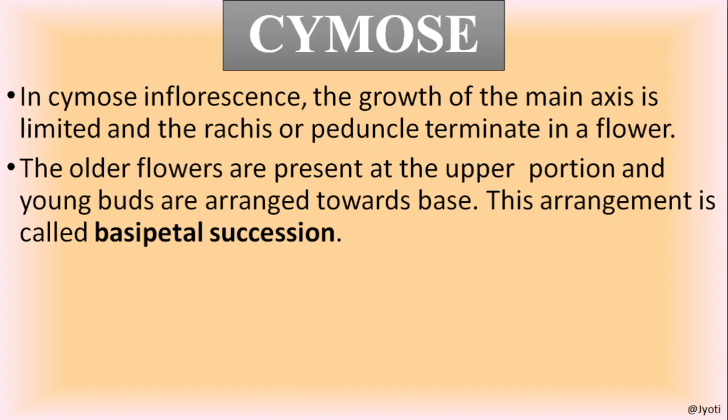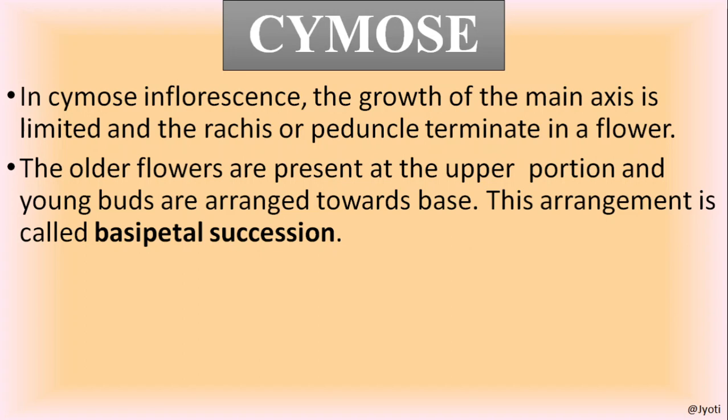So in racemose inflorescence, the acropetal succession is present, where the flowers are arranged in a centripetal manner, but here in centrifugal manner. Centripetal means the older flowers are towards the periphery or the base and the younger flowers towards the center, and that is called centripetal or acropetal succession.